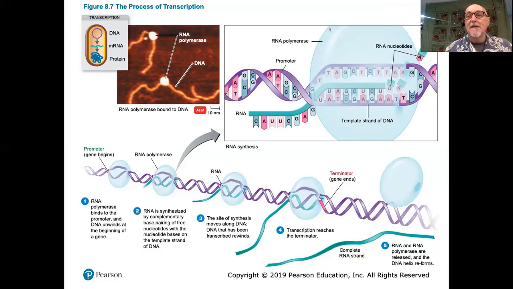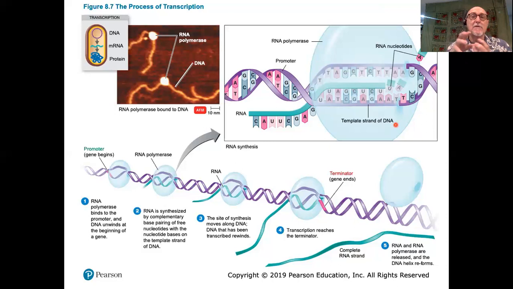So here, this is the way it happens. In some ways, you will see some similarities to the replication. First of all, there is a big complex of RNA polymerases and various other enzymes that are actually going to perform this action of transcription.